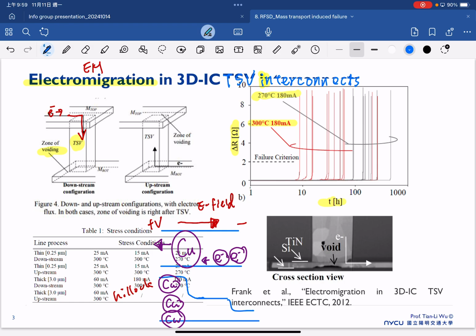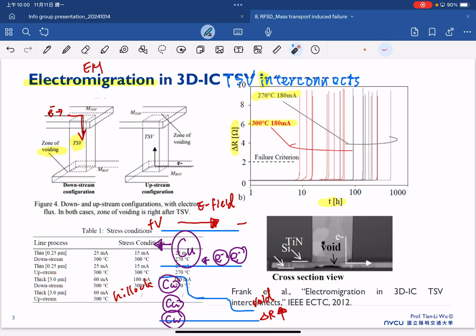This is what we call void formation, and this is the reason why our resistance is increased, because your interconnection line is getting thinner and thinner, so your resistance is getting higher and higher. That's why in this region we start to see the void formation.